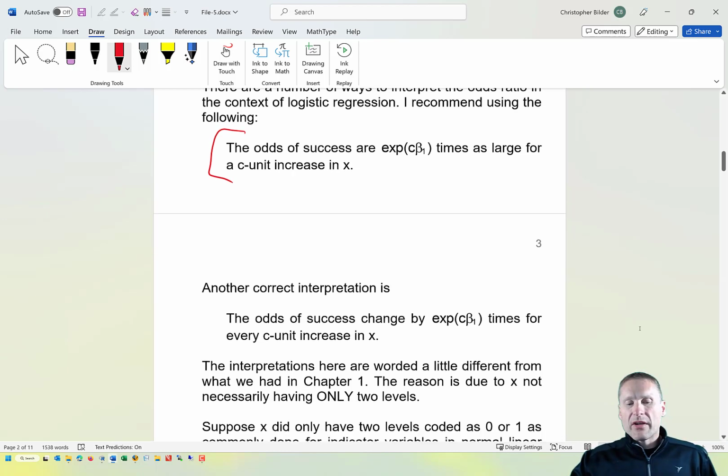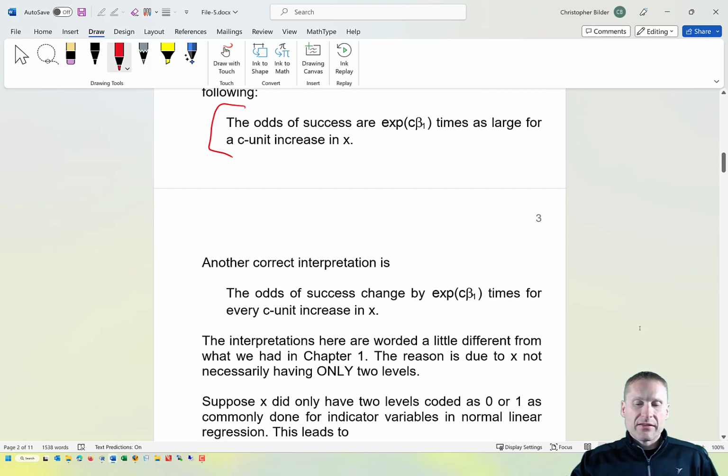Another correct interpretation would be the odds of a success changed by that odds ratio times for every c unit increase in x. This just emphasizes that we're talking about any c unit, like a 10-yard increase.